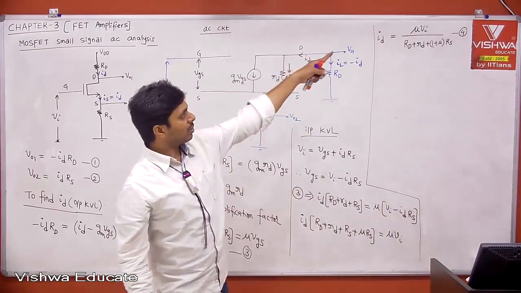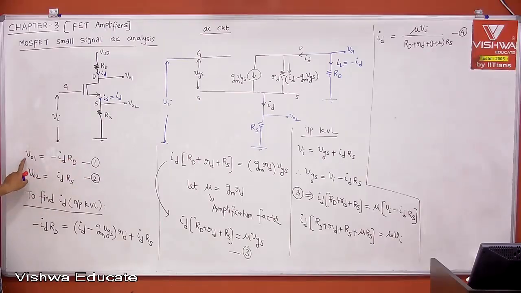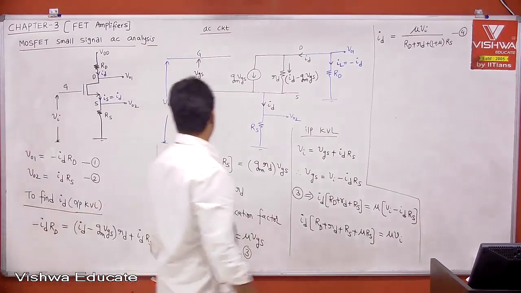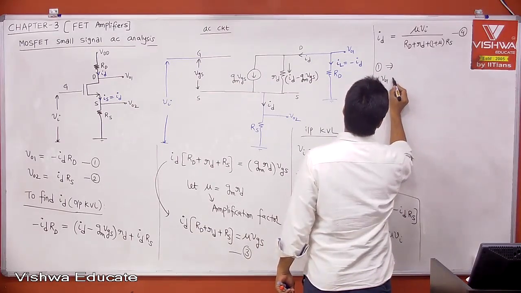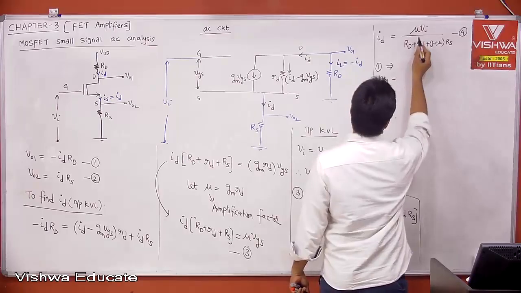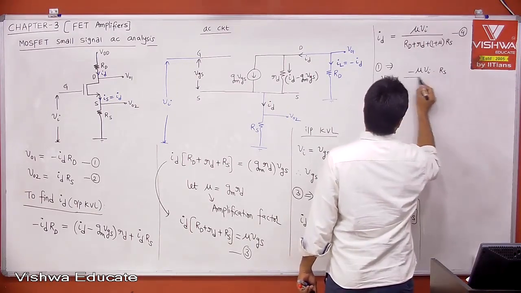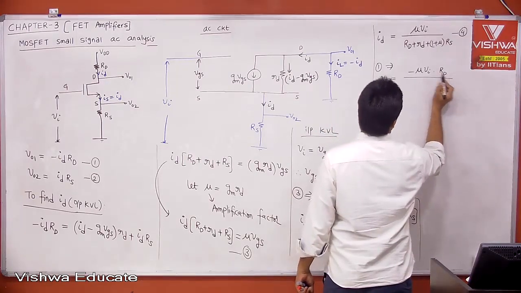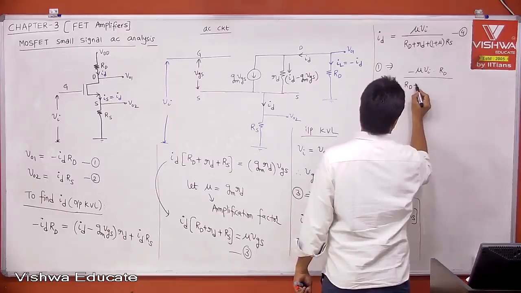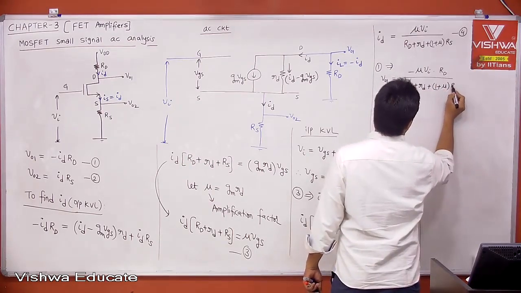Now we got ID in terms of what? VI. Now you substitute that ID in both 1 and 2, then you will get V01 with respect to VI, V02 with respect to VI. Then problem is over. Therefore, what is 1? 1 implies, what is V01? V01 is equal to minus ID into RS, minus mu into VI into RS divided by RD divided by capital RD plus small rd plus 1 plus mu into RS.